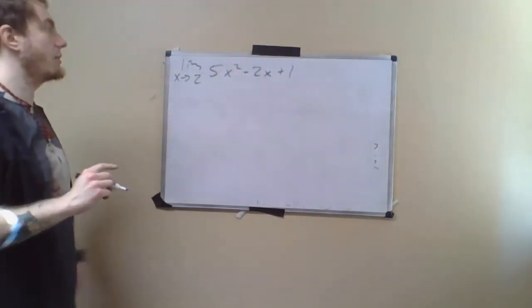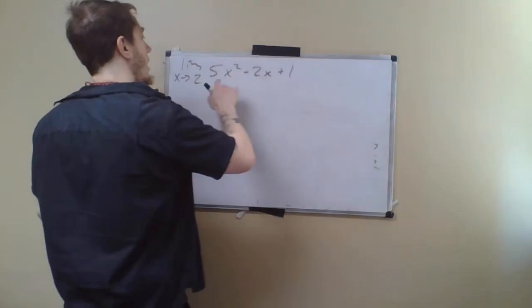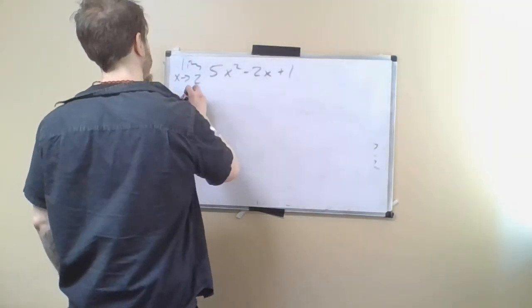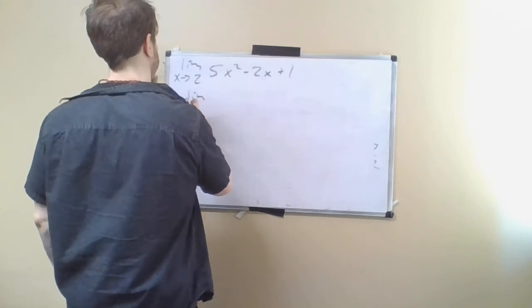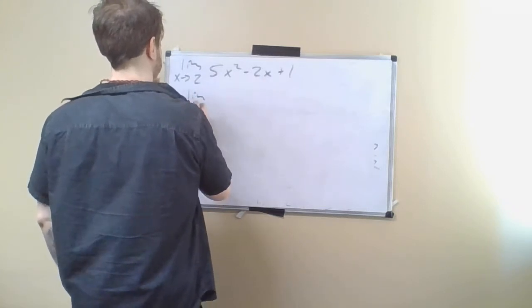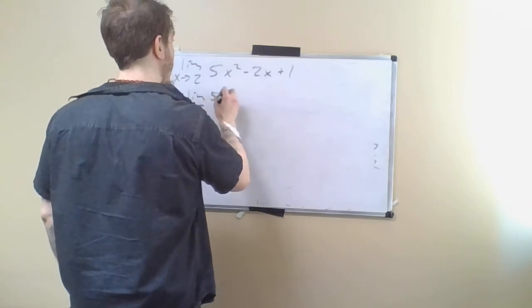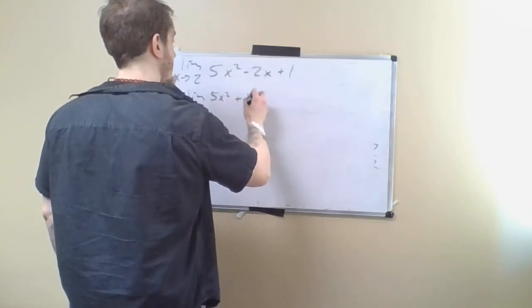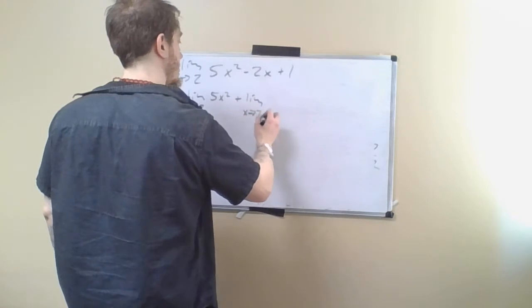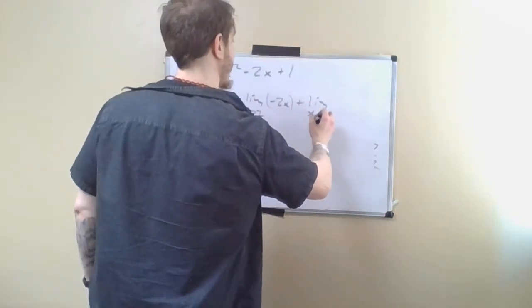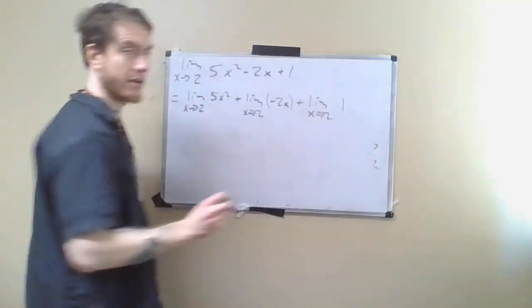What we can do, however, is we can say the limits of each of these things are going to exist. So we can say the limit, assuming they exist, these are the limit as x approaches 2 of 5x squared plus the limit as x approaches 2 of negative 2x plus the limit as x approaches 2 of 1.